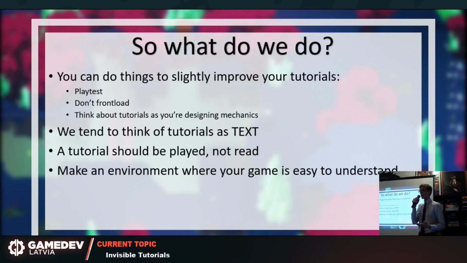We just let them figure it out themselves, but we make an environment where it's super easy to understand. Like we just create the game in a way that these rules seem absolutely obvious to the player. That sounds like a very strange idea, and that sounds very hard to pull off. But I'll show you some methods today on how to do this.